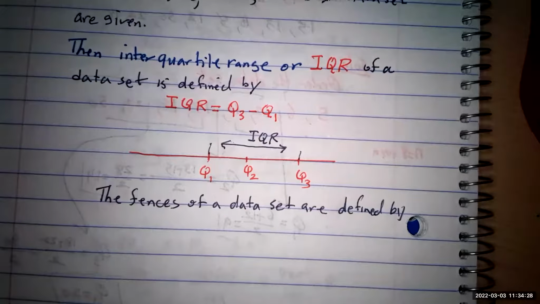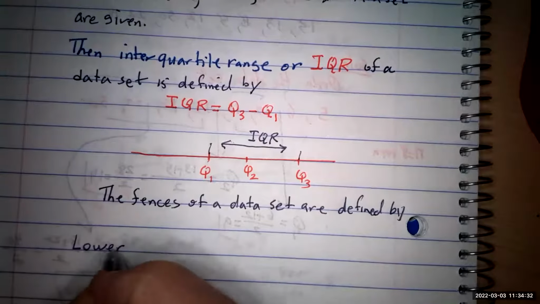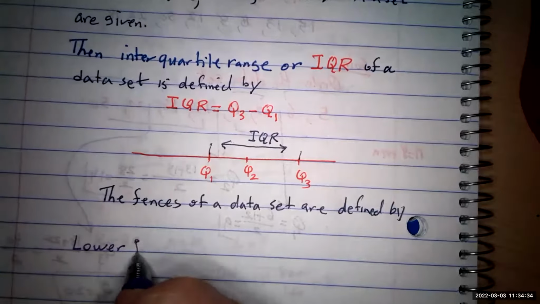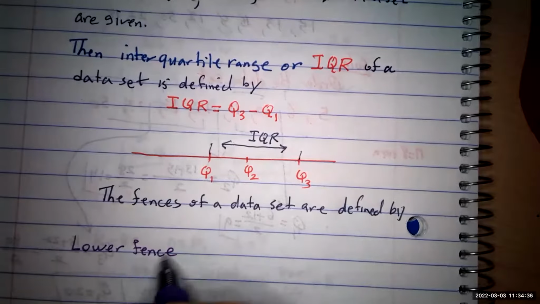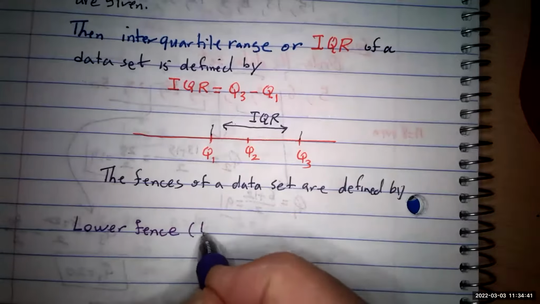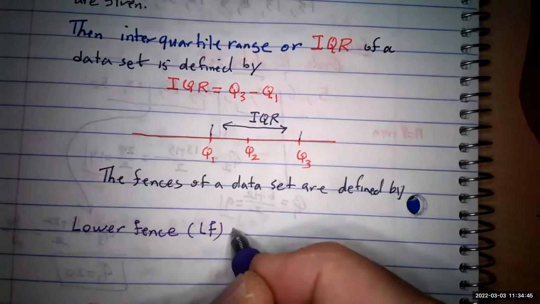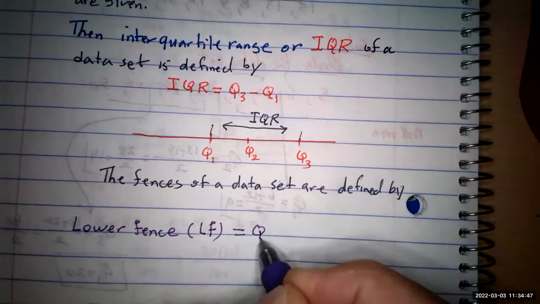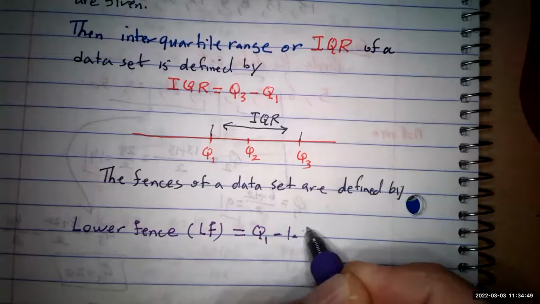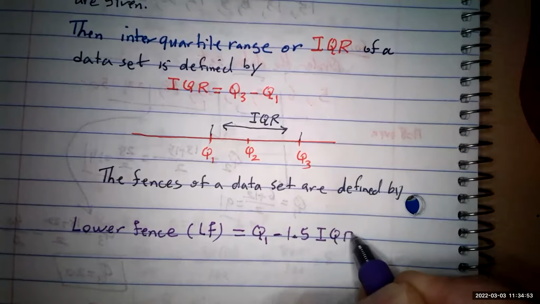Usually on your calculator it is referred to as LF. Lower fence is equal to Q1 minus 1.5 times IQR. Make sure again you write the correct formula.